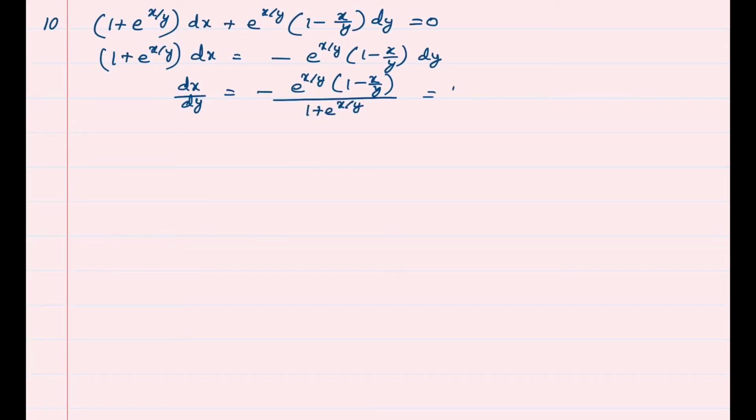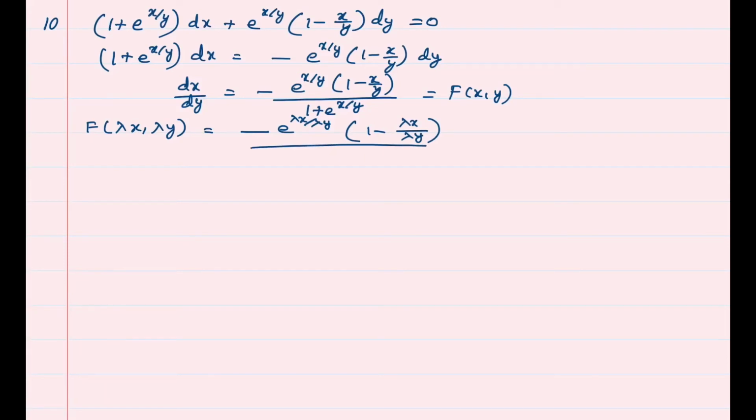We will take this as f of xy. Let us find f of lambda x lambda y: minus e raised to lambda x divided by lambda y times 1 minus lambda x divided by lambda y divided by 1 plus e power lambda x by lambda y. We are able to cancel lambda throughout, which is f of xy.